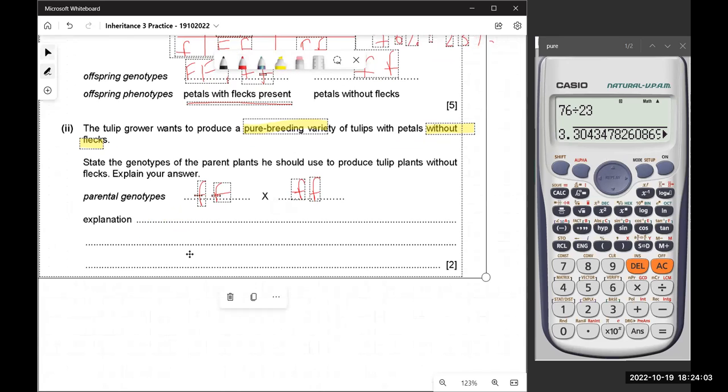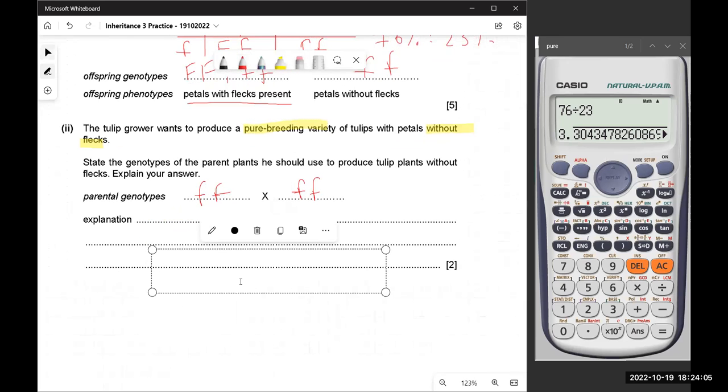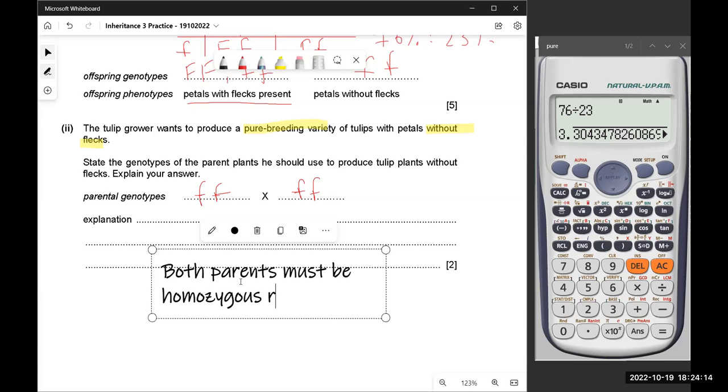Exactly. Both parents, we don't say always, we say both parents must be homozygous. Homozygous what kind? We also have to say that. Is it recessive or dominant?